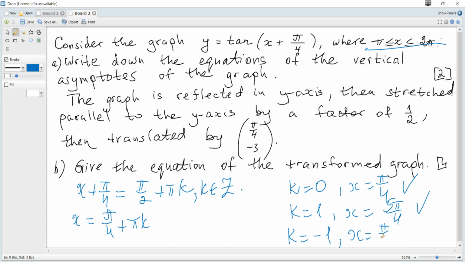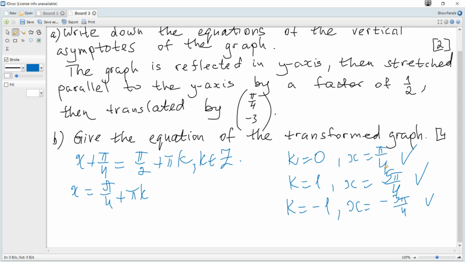Pi over 4 minus pi. Pi is 4 pi over 4, so it's negative 3 pi over 4. It's also a solution because it's greater than negative pi. And when k is negative 2, it will be less than negative pi, so it will not be a solution.